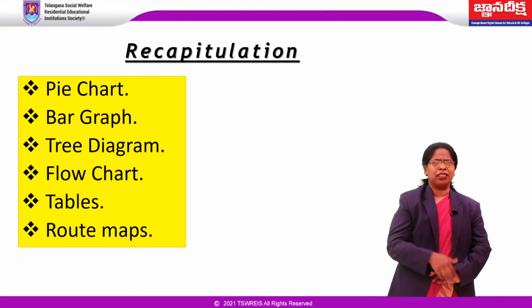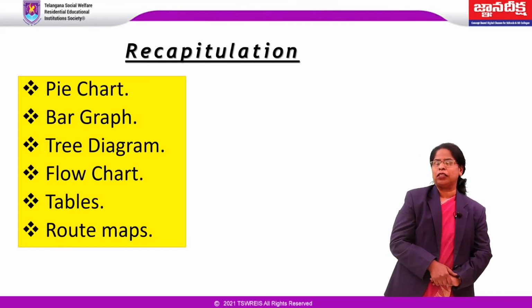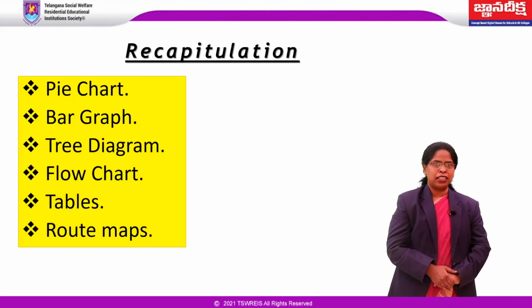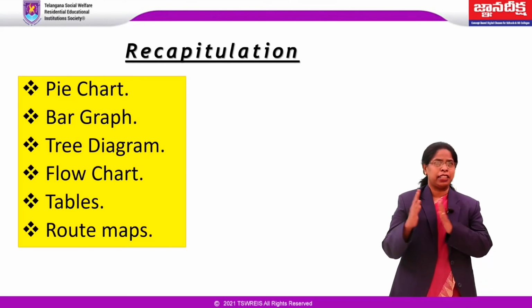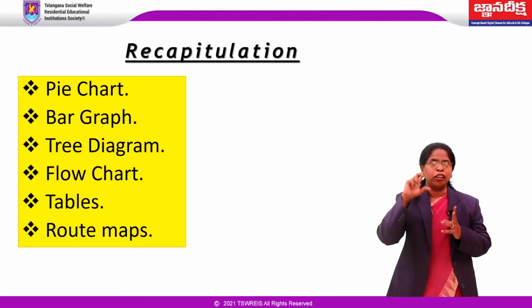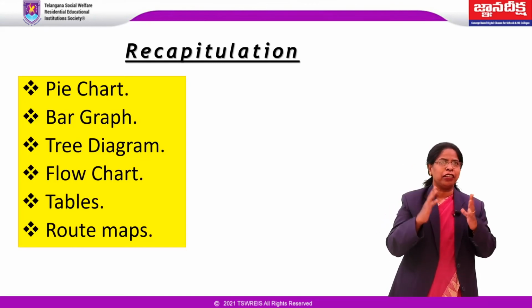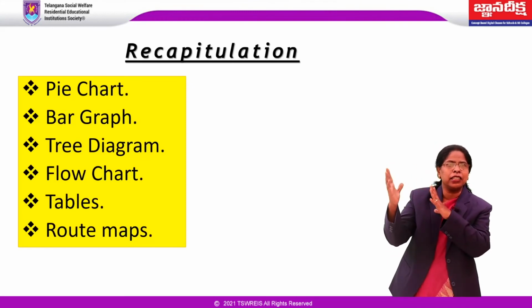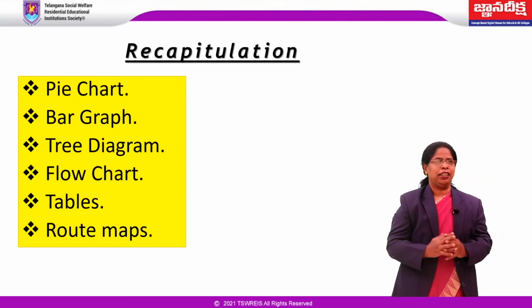What are these? Yes, you can read out. They are pie chart, bar graph, tree diagram, flow chart, table and route map. When you look at all these, you can picturize the figure, isn't it? Those are the things that you can put into textual form, isn't it?